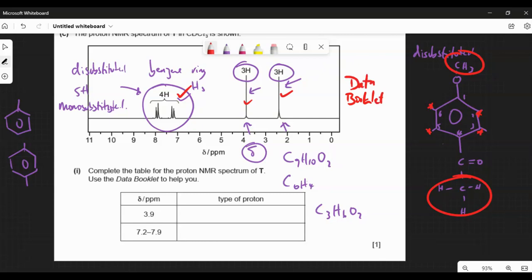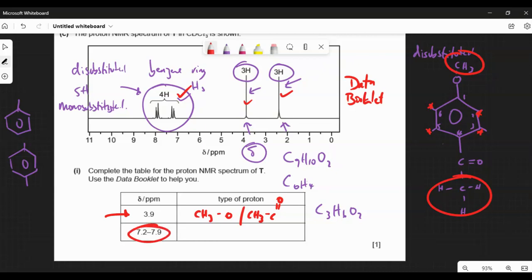I'm not using one, I'm just guessing a bit here. So the type of protons at 3.9, it's either CH3 protons connected to an oxygen or the CH3 protons connected to that. It's one of those 2. I don't know which one, but you can find that from the book.